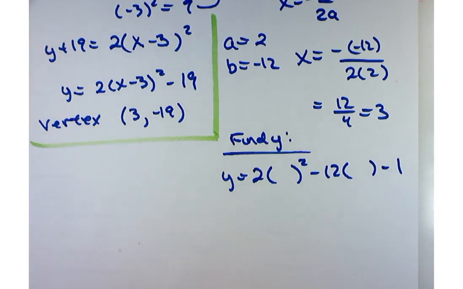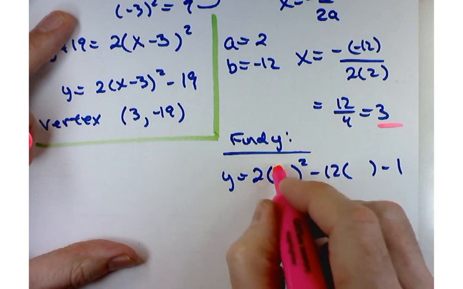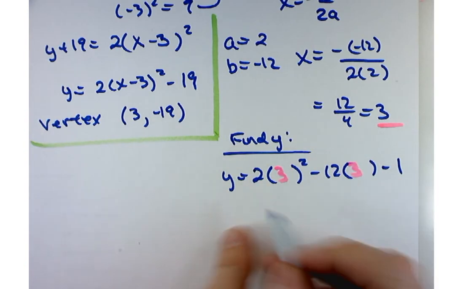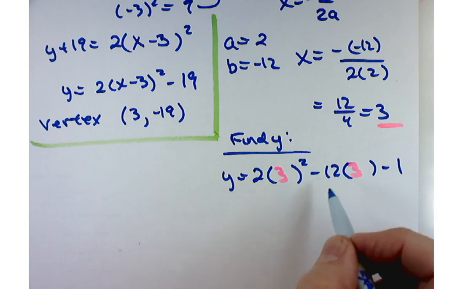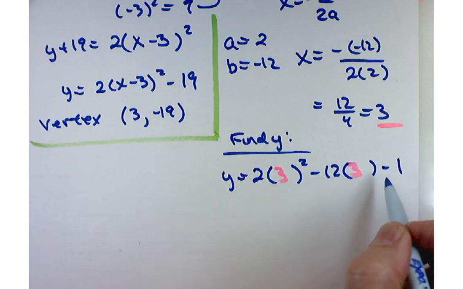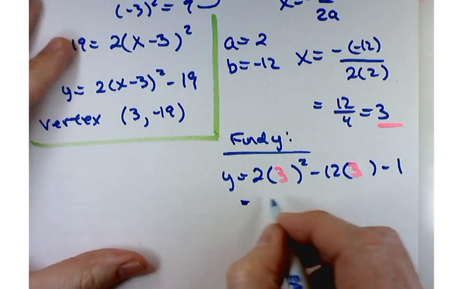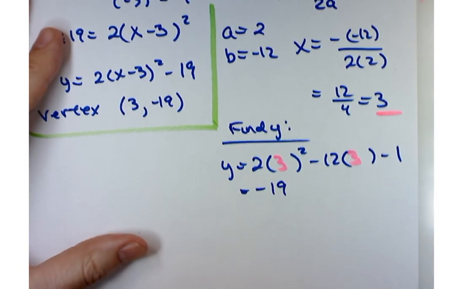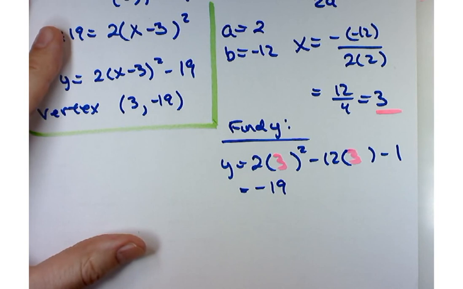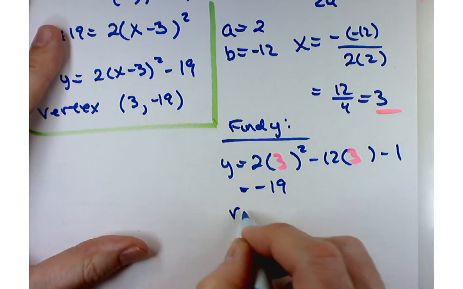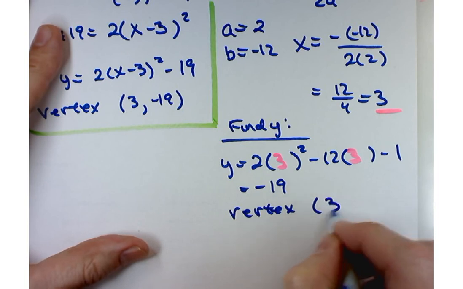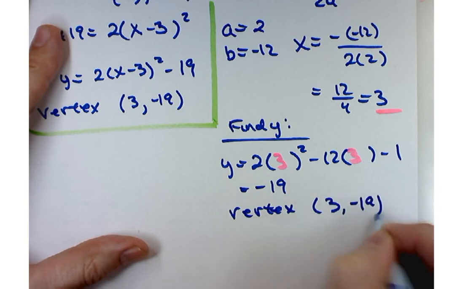So I'm going to take that 3 and plug it in here. And after I do all the math, I get 18 minus 36 minus 1. I'll end up with -19. Okay, so great. There's my vertex. So now I've got (3, -19) is my vertex.